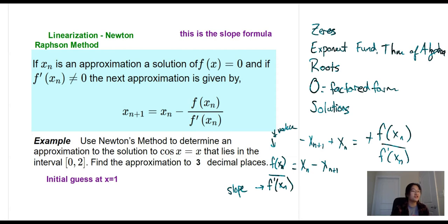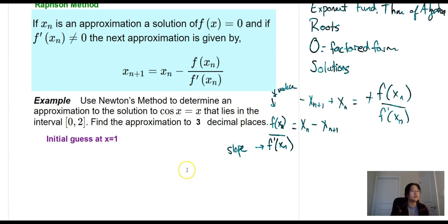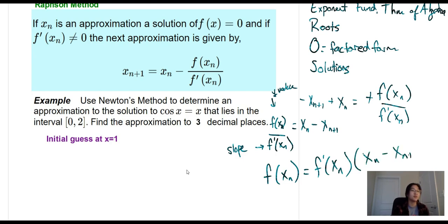So if we rearrange that just a little bit, then we have f of x sub n equals our slope evaluated at x sub n times x sub n minus x sub n plus 1. And this is the equation of a line, because we have a slope here that's a number, because our derivative is a number, and that's times x minus x sub n plus 1.